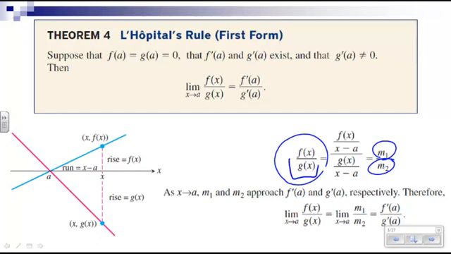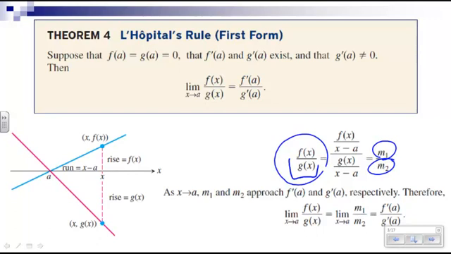Now, what happens as we get closer and closer to A? Those slopes are no longer straight line slopes. As the gap between A and x gets closer and closer, what we really end up getting is not m1 over m2, but f prime at A divided by g prime at A. We know the definition of the derivative is what happens as h approaches 0.